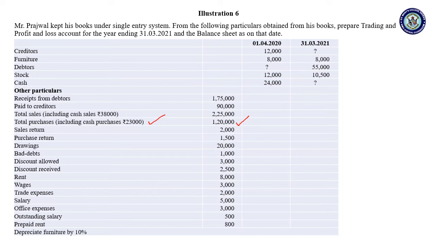In general, if any expense is paid, expense should be debited, cash should be credited. So these 5 items to be debited, cash to be credited. That's all.